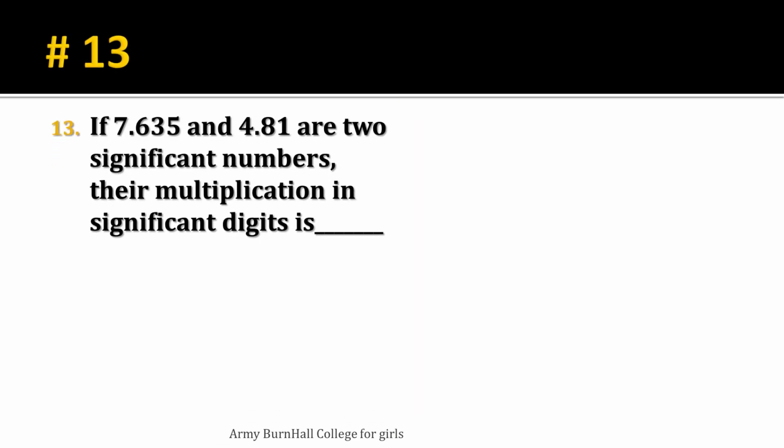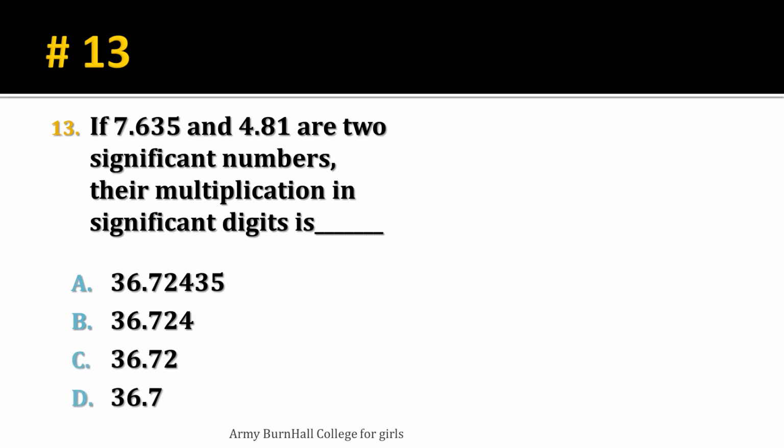Number 13, 7.635 and 4.81 are 2 significant numbers. Their multiplication in significant digits is option A, 36.72435, 36.724, 36.72 or 36.7. Again, no need to multiply these numbers.